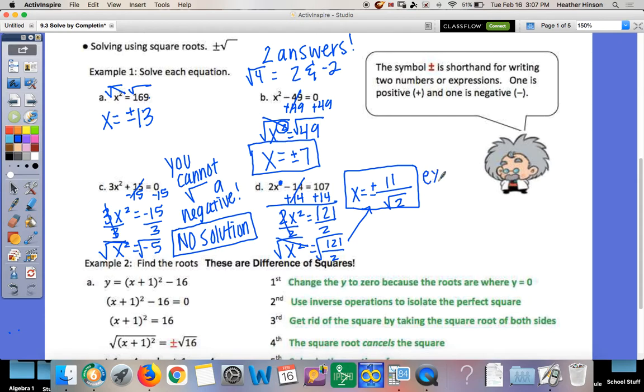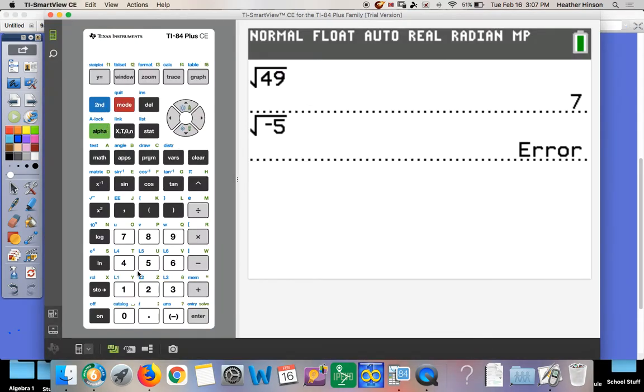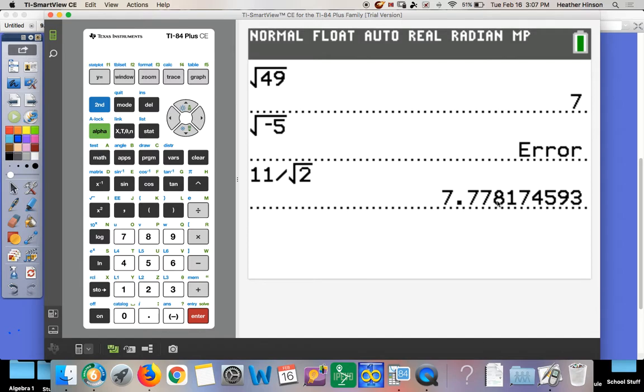These are what we call exact solutions. There is another answer, and it's called your approximate solution, and that's just getting the decimal. So we would do it in the calculator. 11 divided by square root of 2, and we would round this off.